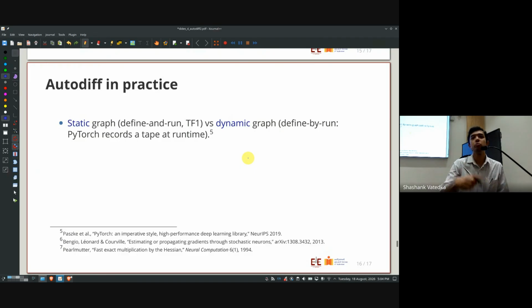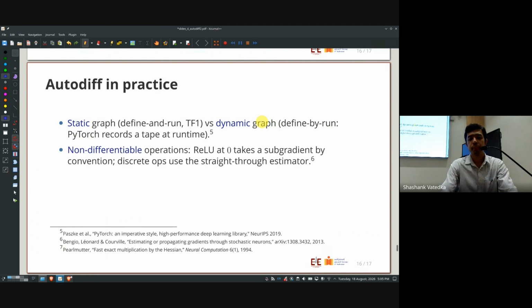And depending on how many loops this goes through, the graph itself could become bigger and bigger. So with such complicated settings, it's difficult to work with static graphs. So dynamic graphs are typically used in PyTorch, and I believe also in TensorFlow today. All right.